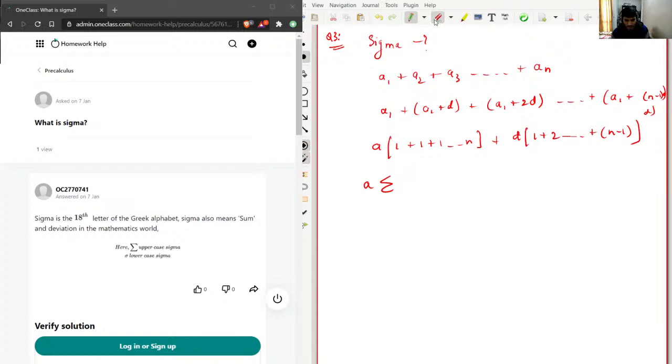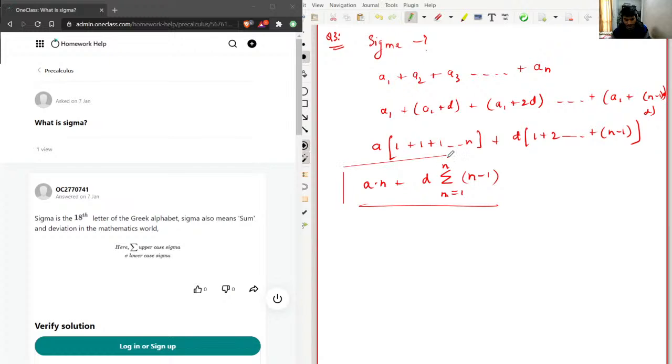So a will be just n only. So a into n plus d times, this will be 1, 2, 3 till n minus 1, for m equal to 1 till n, and this will be n minus 1.